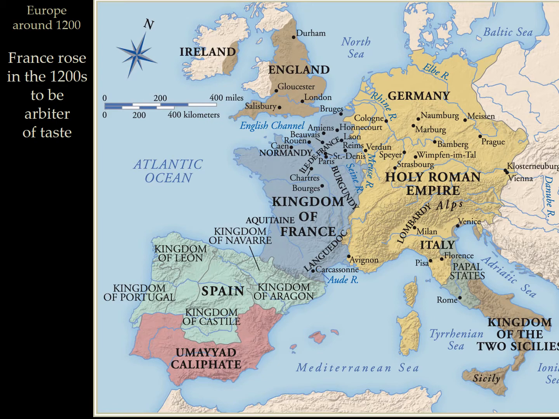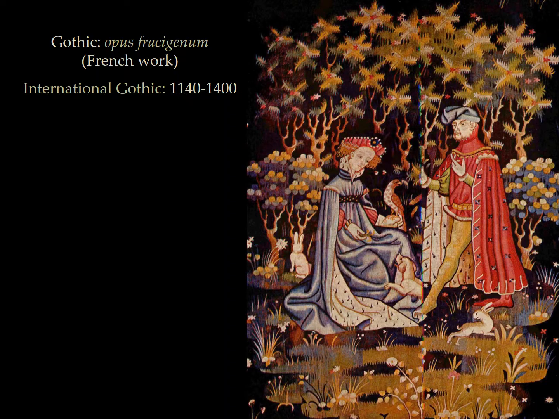And England, of course, controls the eastern section of Ireland as today, and the southern areas up until we get to Scotland. Now, France is going to become the arbiter of taste, or the taste maker, creating this interest in the international Gothic style, and then exporting it to these various countries, including England and Germany.